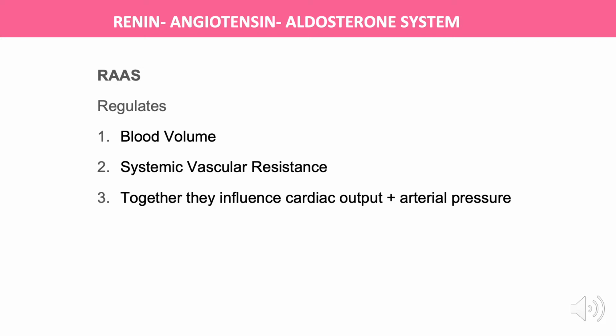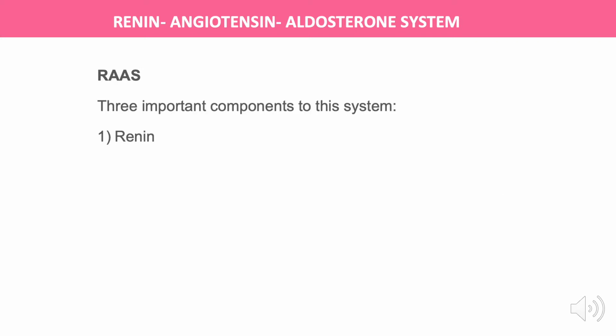So together, this will influence cardiac output and arterial pressure. There are 3 components to the RAAS system. Number 1 is renin. Number 2 is angiotensin. And number 3 is aldosterone.